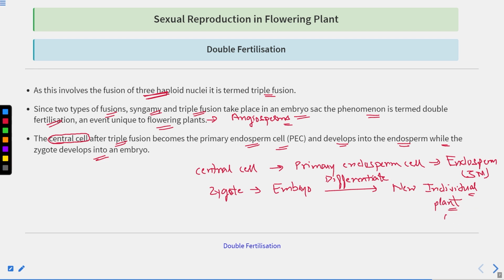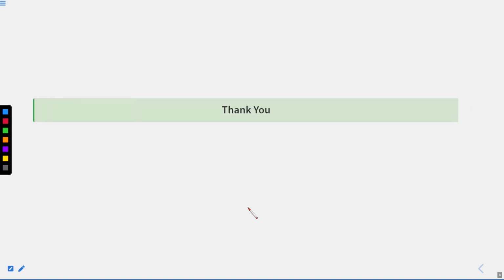Clear? So this plant will also be diploid because the embryo is diploid and the zygote is also diploid. Clear? So what we have studied, we can summarize.